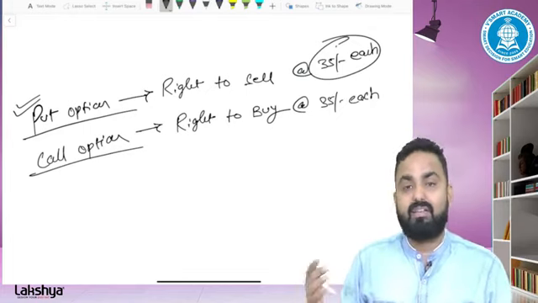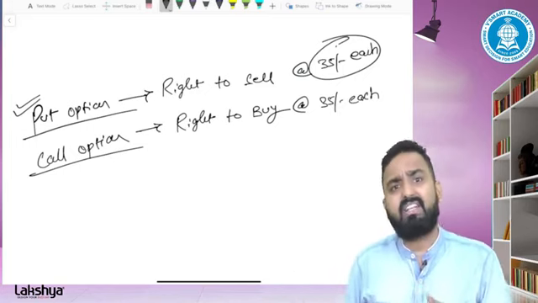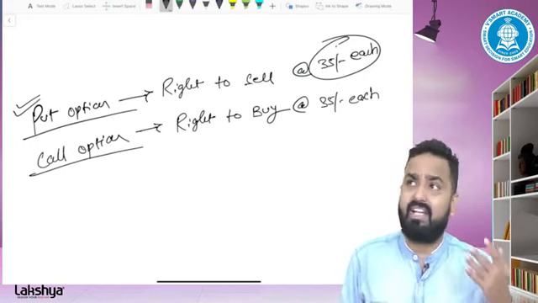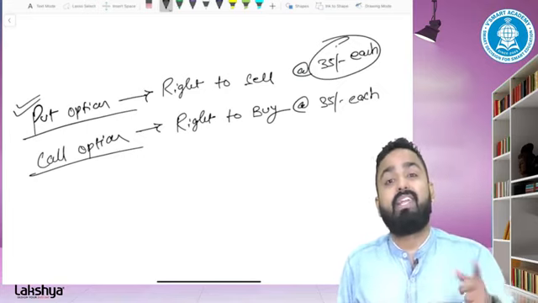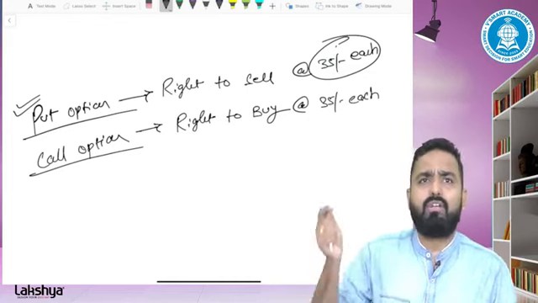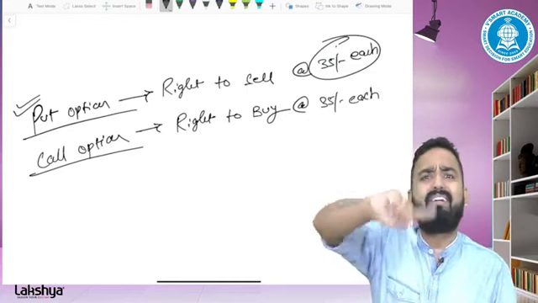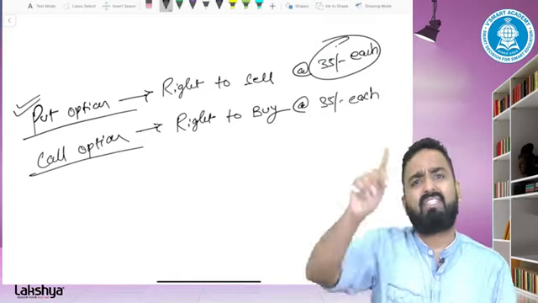We will discuss the same in this Ind AS 33 as well as in financial instruments, Ind AS 109, in detail. And this put option, call option must be in your derivative chapter of SFM.